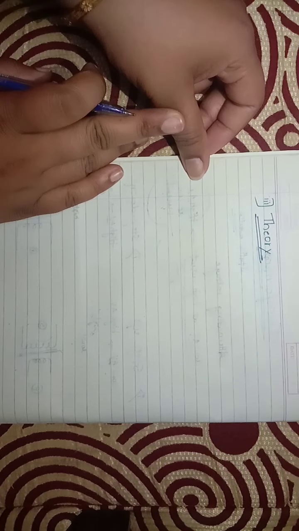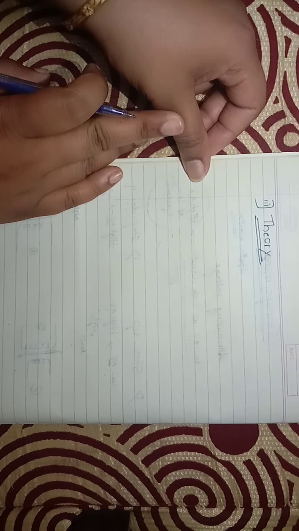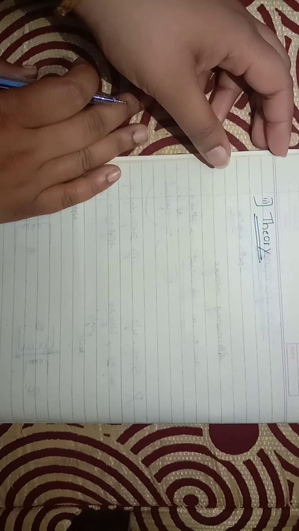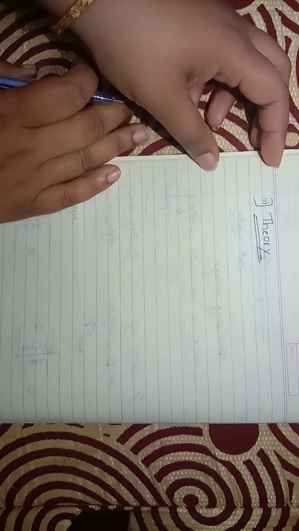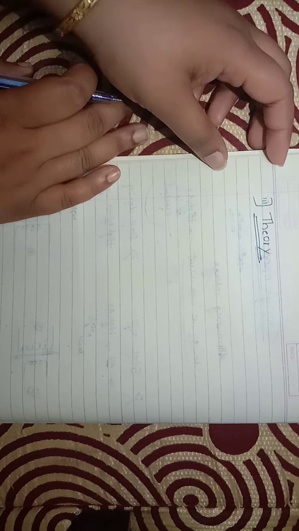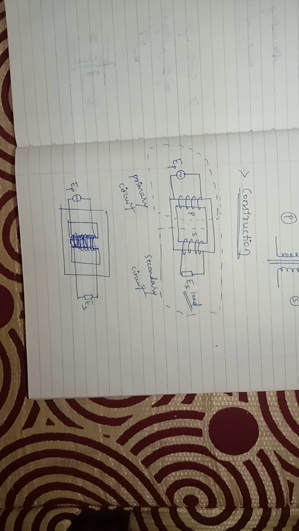For 5 marks you may get a question on the transformer: explain the working and construction of the transformer. At that time you have to write its principle, construction and theory, all the things. Understood? So now let's start how the transformer works.